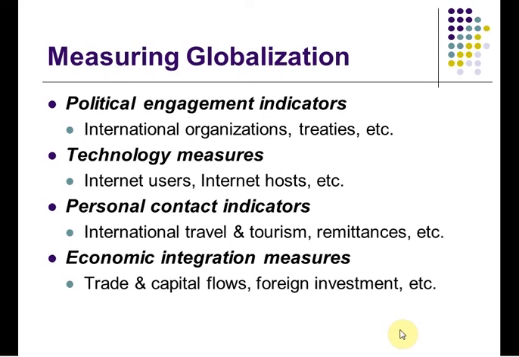In places like Africa, where technology or access to technology is a challenge, even having consistent phone access is a challenge, their level or connection to globalization is much leaner, much less developed.